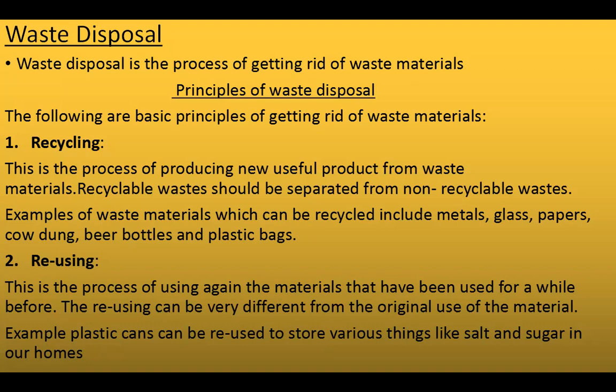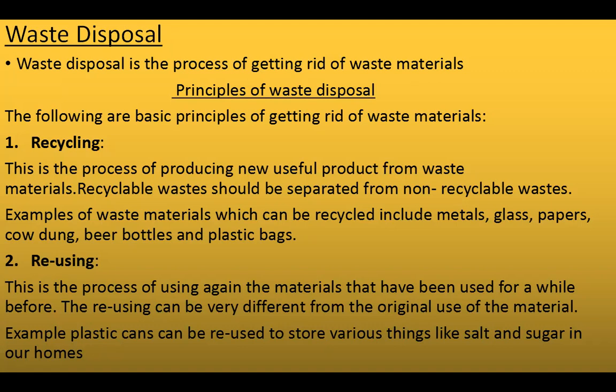Now the recyclable waste should be separated from non-recyclable waste. So for example, when you're trying to separate the waste, you have to know the recyclable waste that can be recycled to other new products. So examples of such waste products which can be recycled include metals. Metals can be melted again to form other useful products, glass, also papers, cow dung.